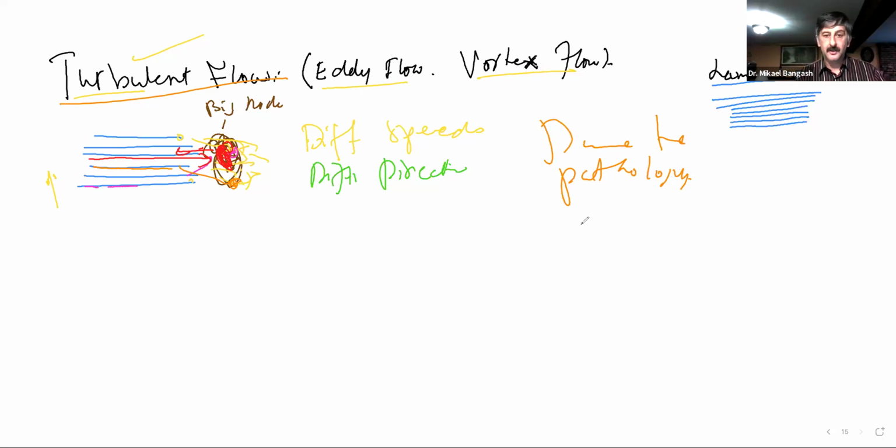The common pathology that will lead to turbulent flow is going to be stenosis, narrowing down of your blood vessels. Did you guys get that?